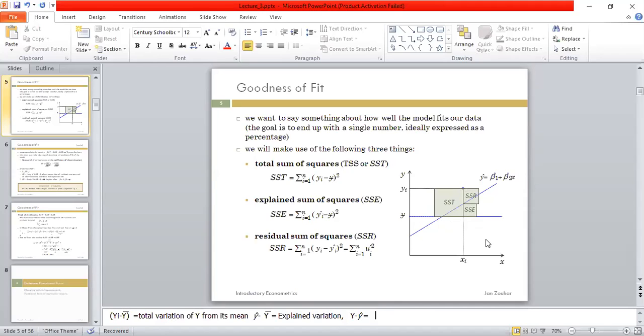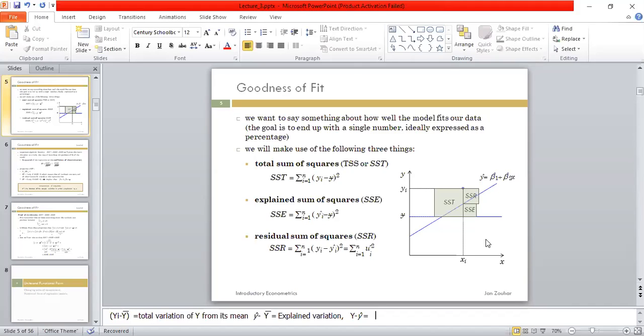What do we do in statistics to get rid of negative signs? We do the same old technique: you square them. If you square all the total variations, you get rid of the negative signs, and you add them.